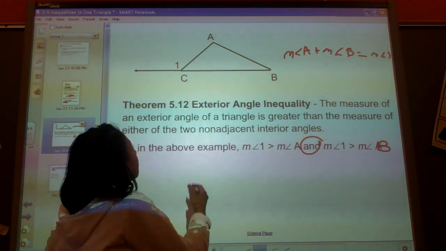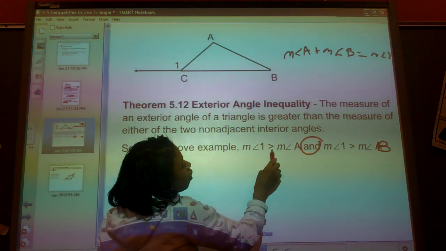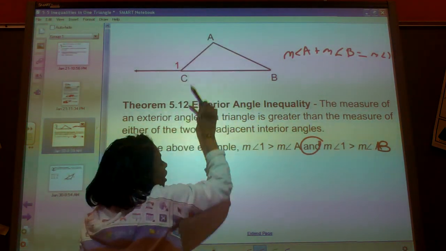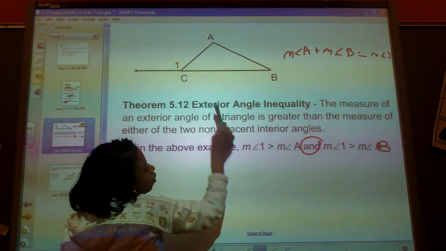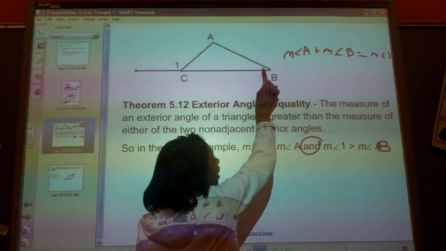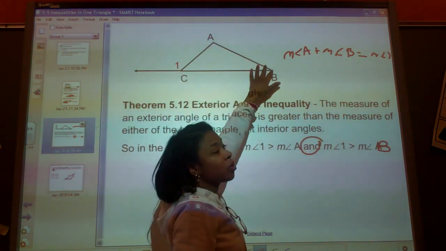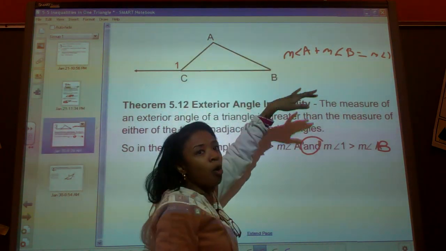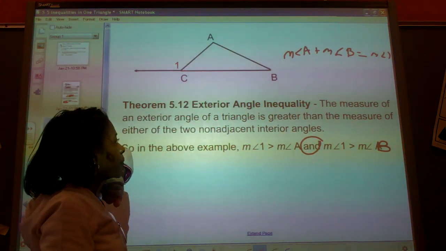So again I say, the measure of angle 1, which is your exterior angle, is going to be greater than the measure of angle A by itself. And at the same time, the measure of angle 1 is also going to be greater than the measure of angle B all by itself, because again, in the exterior angle theorem, you had to add both angles to even equal the exterior angle.